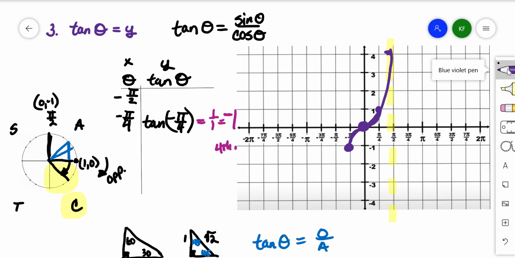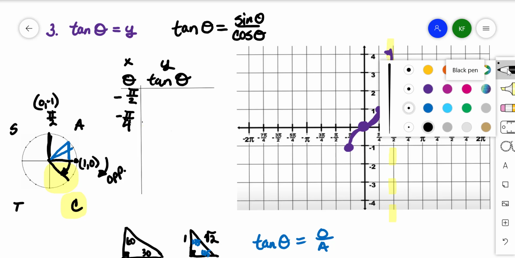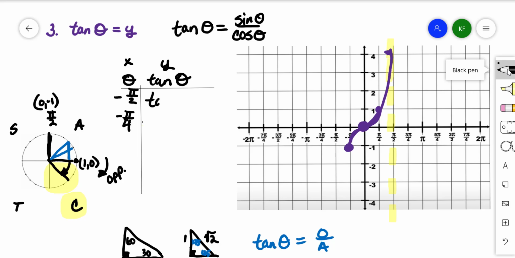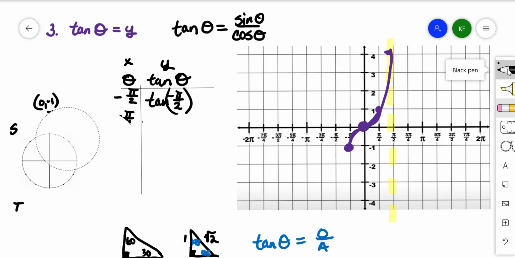And then I wonder at this point if you know what's going to happen at negative pi over 2. So let's go ahead and calculate that. So tangent of negative pi over 2. You got to be careful where you are on the unit circle. Because remember, we're now going in the negative direction. So negative pi over 2 would be down here at 270 degrees because we're going in the negative direction.